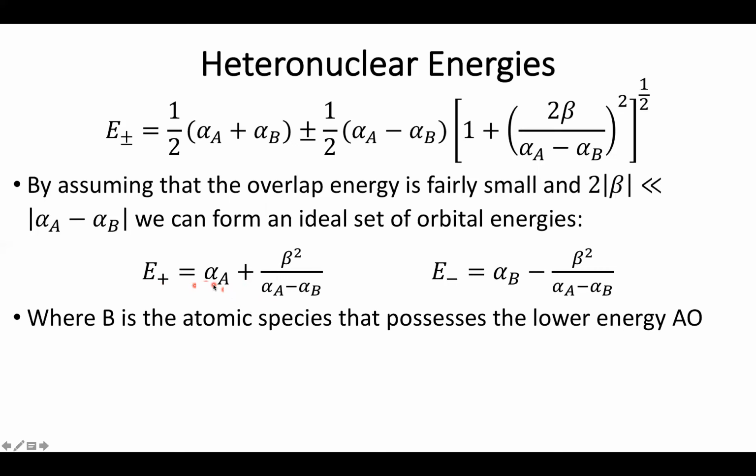So again, this helps illustrate an idea we've occasionally seen in Gen Chem. The more different two elements are, the more the orbitals of the bond look exactly like the orbitals of the atomic species.